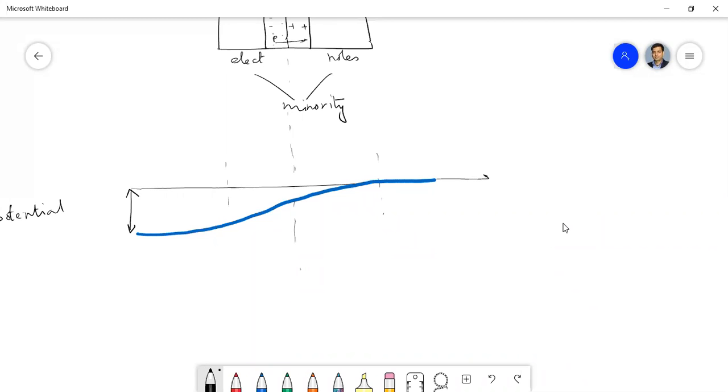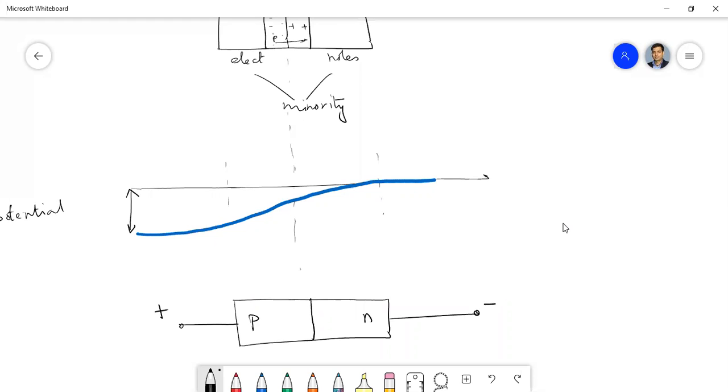Now, when an external voltage is applied, so the same PN junction, if I draw it again, here you have the P and here you have the N. And if we connect this to some positive and this to some negative, then what happens?